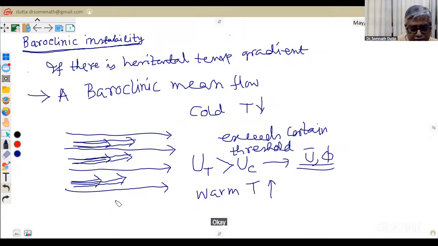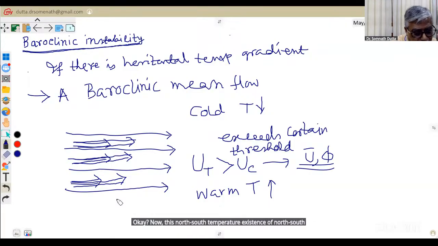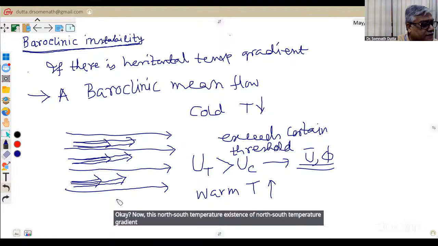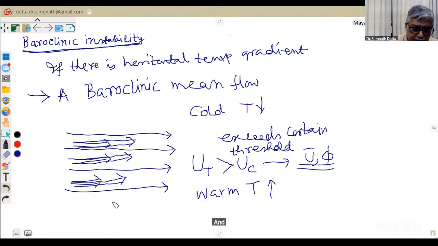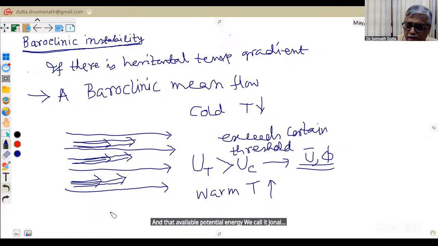Now the existence of a north-south temperature gradient ensures some available potential energy, because this north-south temperature gradient definitely gives rise to some temperature variance, and this temperature variance gives rise to some available potential energy, and that available potential energy we call zonal available potential energy.